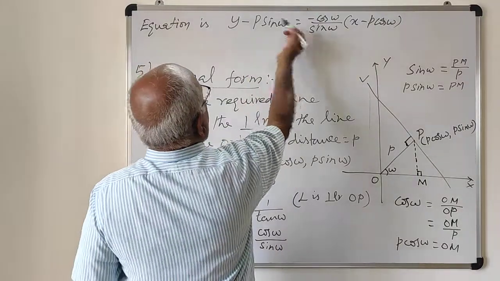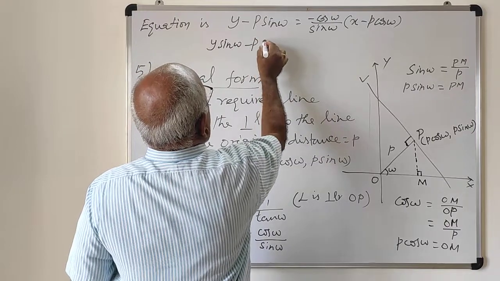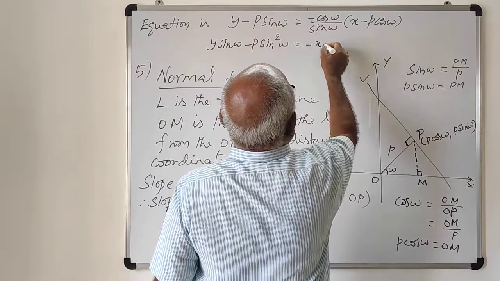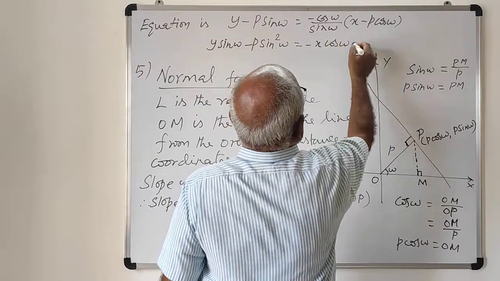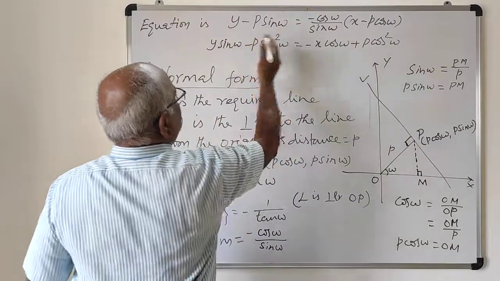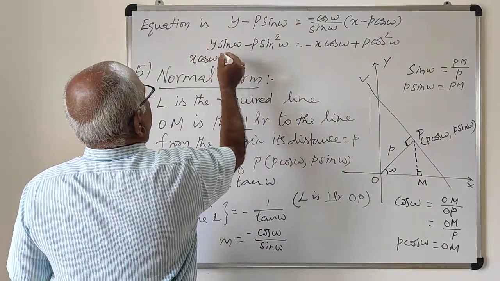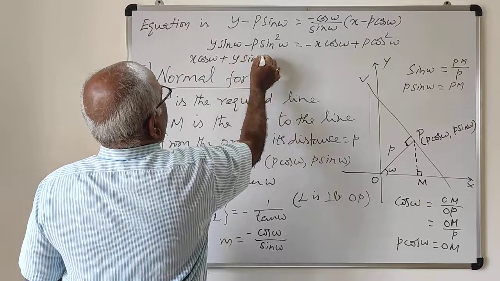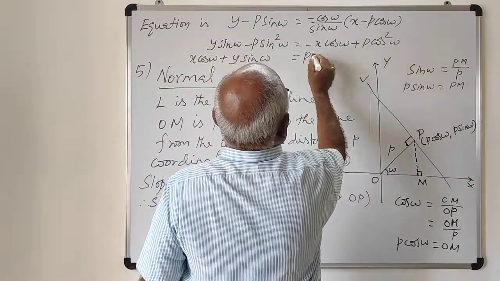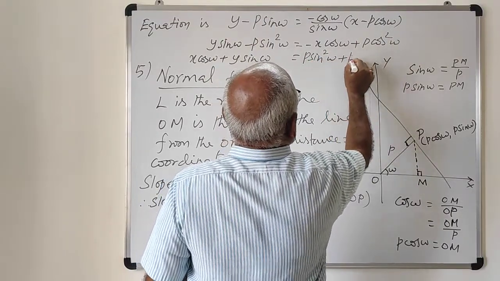So cross multiplication: y sin omega minus p sin square omega equals minus x cos omega, minus into minus plus p cos square omega. Bring x cos omega to the left hand side: x cos omega plus y sin omega equals p sin square omega plus p cos square omega.